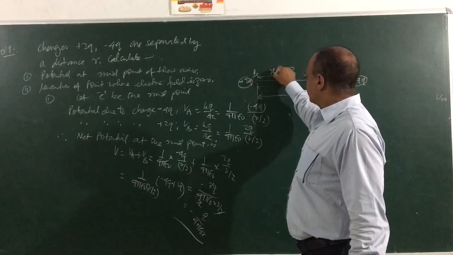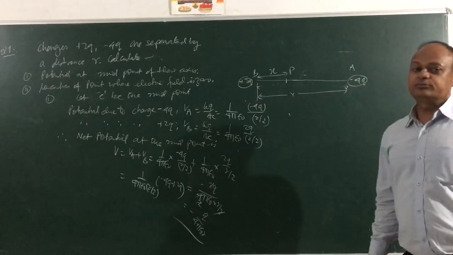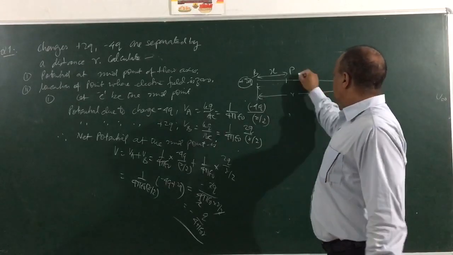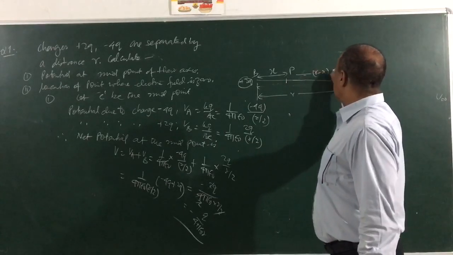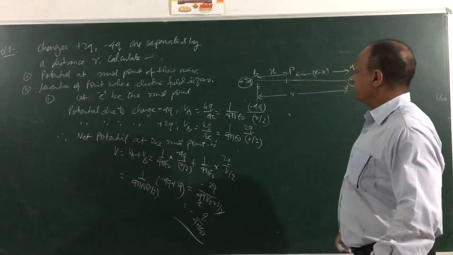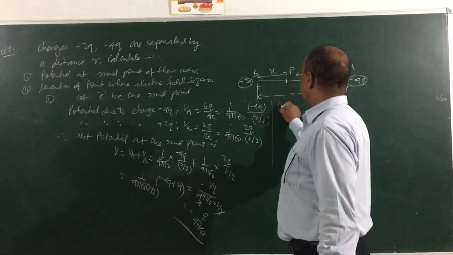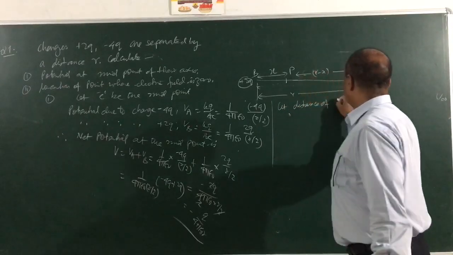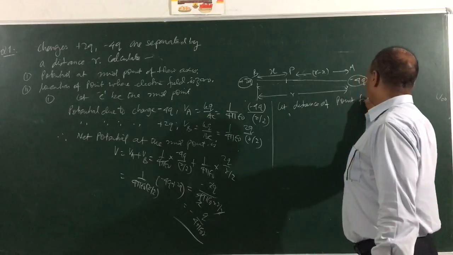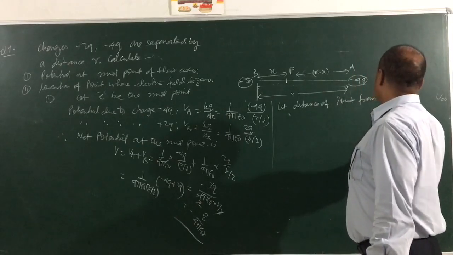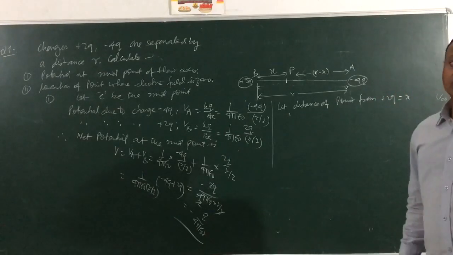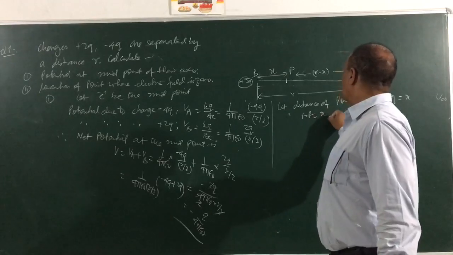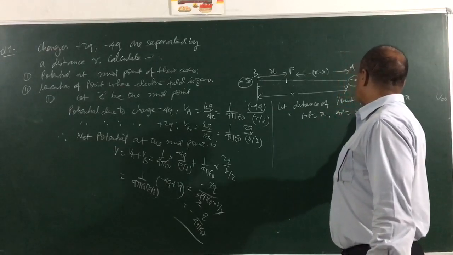Located at distance x from charge plus 2q. So if this is x and this is r, then how much is r minus x? So I'll say let the distance of the point from plus 2q be x. So children, BP will be x and the other will be r minus x.